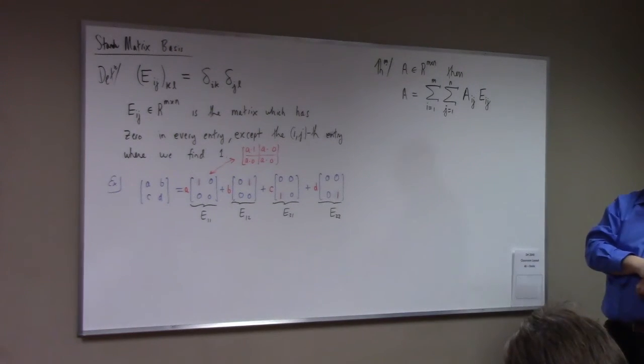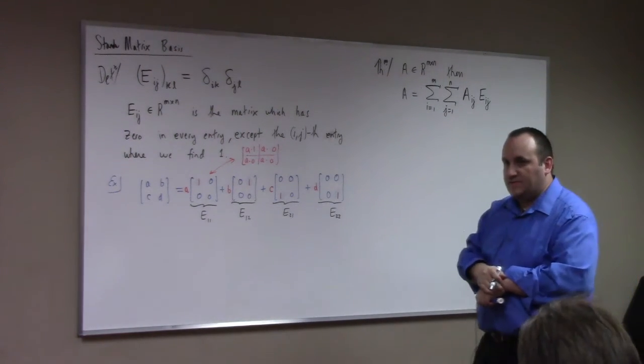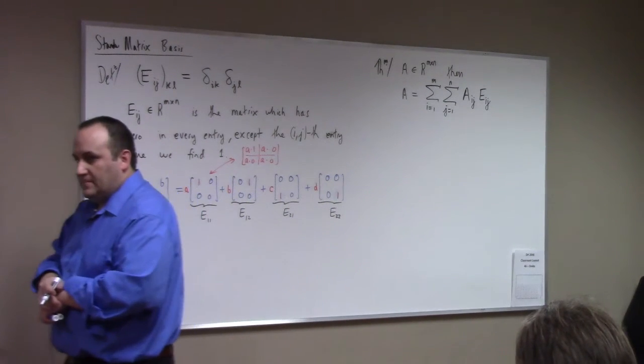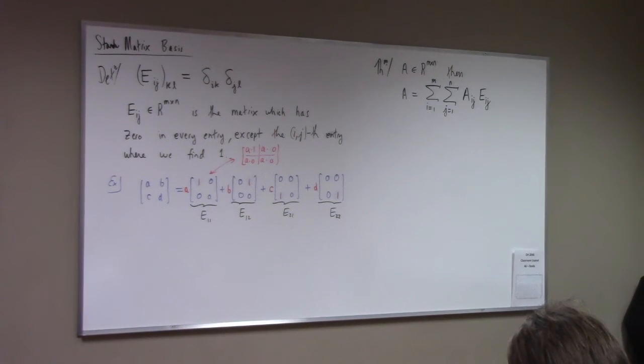Notice that the a_ij's are scalars, they're elements of the ring, whereas the E_ij are matrices. So this gives us a way of tearing apart a matrix into numbers and specific building block matrices, which we use to get it.